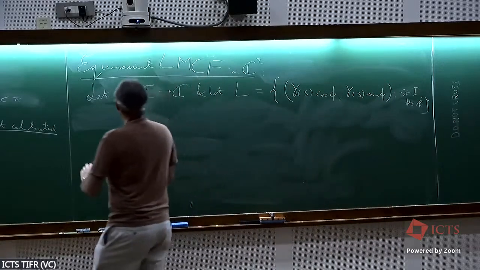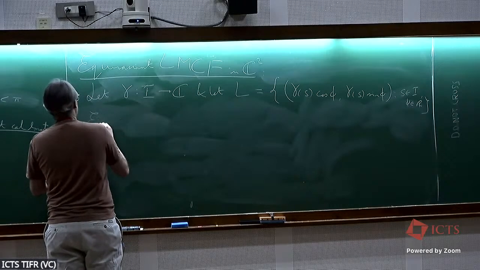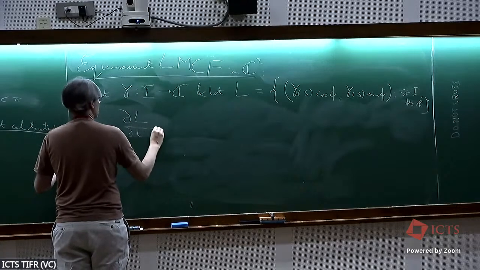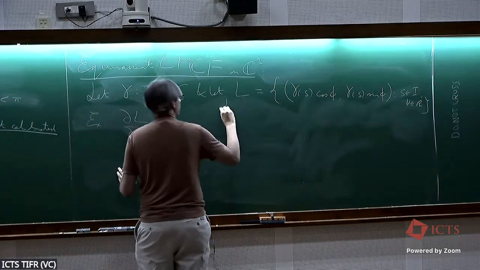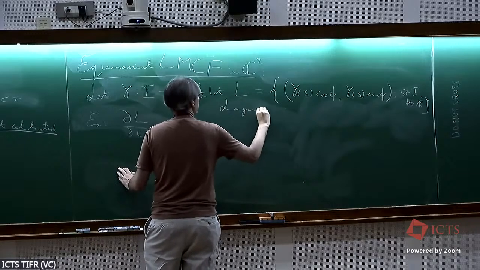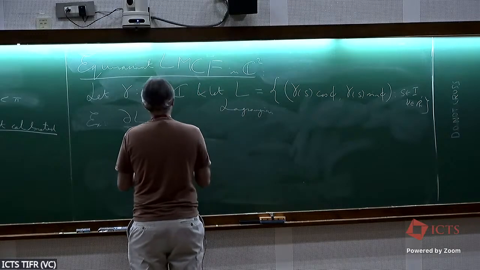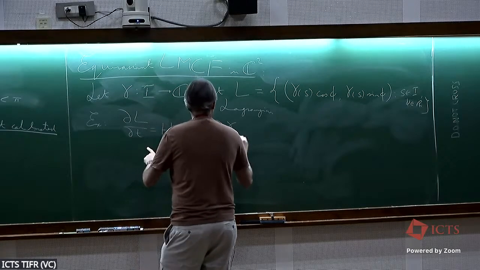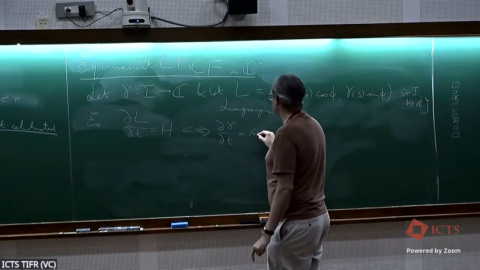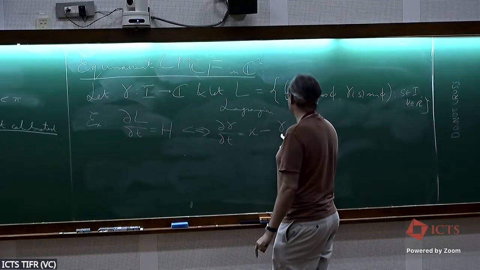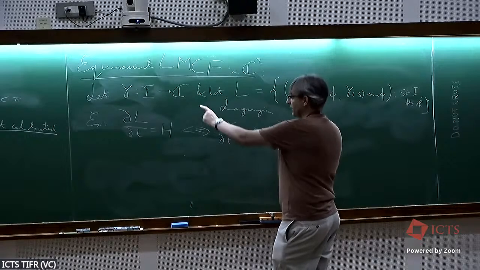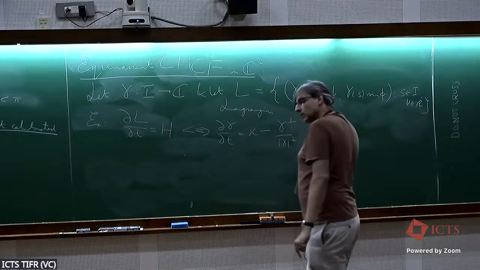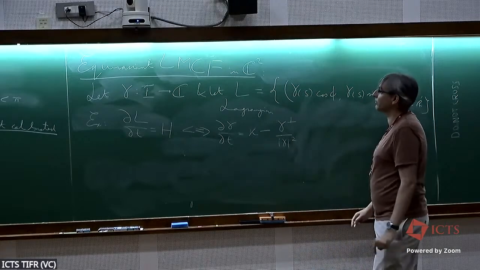So then we see, this is again a very simple exercise, that if I do dL by dt equals H, so this is Lagrangian, dL by dt equals H, if and only if d gamma by dt is equal to the curvature of the curve minus, you take the curve, you think of it as a point in C, you take its normal projection, and you divide by the square of the length of gamma.